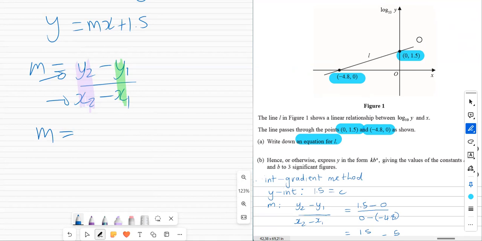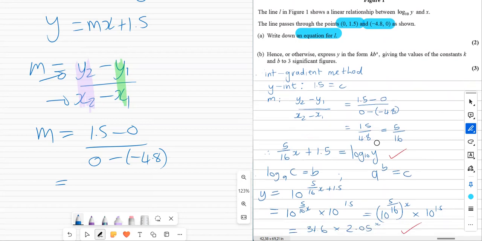If we're starting on the right-hand side, it would be 1.5 minus 0, over 0 minus negative 4.8. This is just the gradient formula. If I look at my previous working, I end up with 5 over 16.